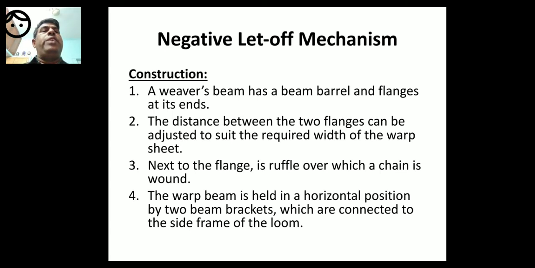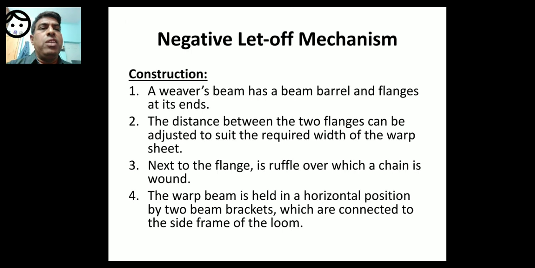Next, second point: the distance between the two flanges can be adjusted to suit the required width of the warp sheet. It is like a charka, like we use in the kite festival.